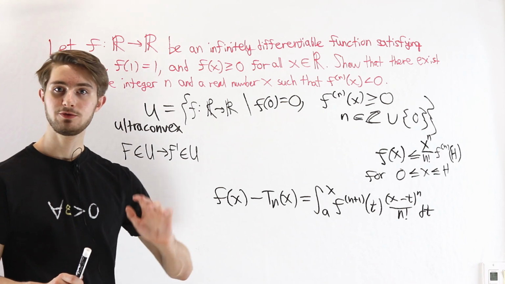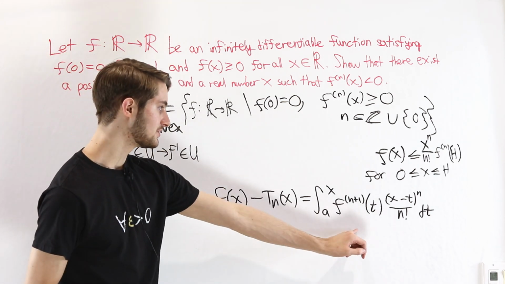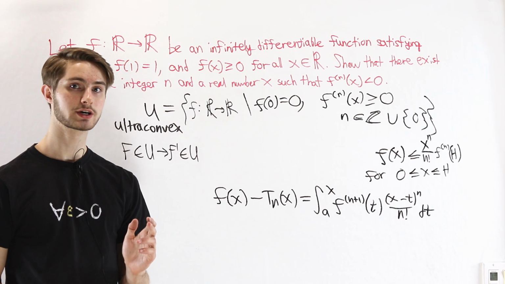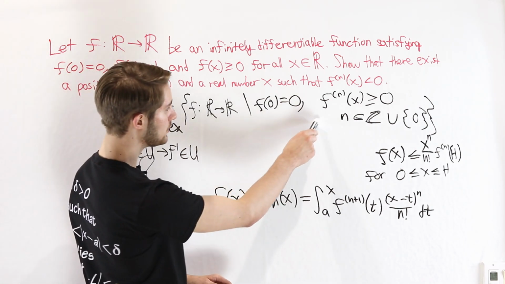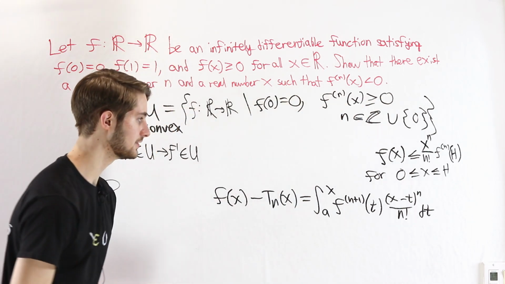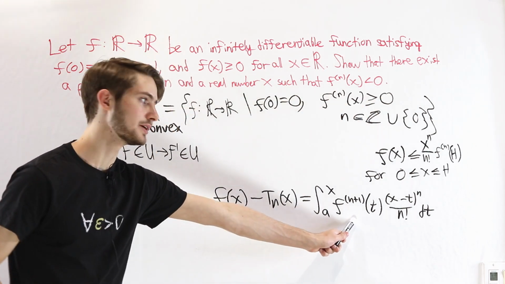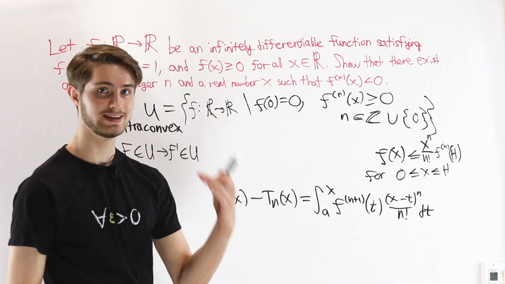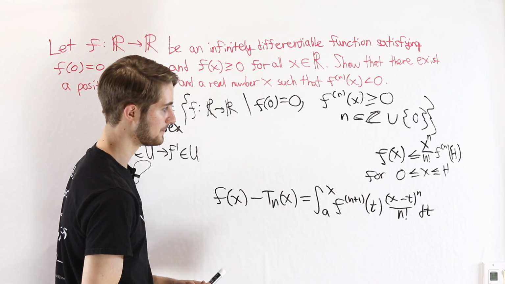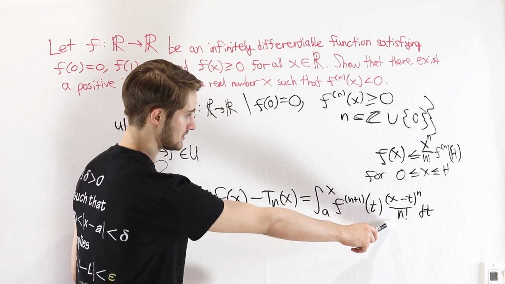Now let's think about if we can find anything unique about this error term for an ultraconvex function. Remember that an ultraconvex function has all derivatives greater than or equal to 0. We see a derivative right here. So we know that this part of the integrand is non-negative. It's greater than or equal to 0. What about the rest of this integrand?